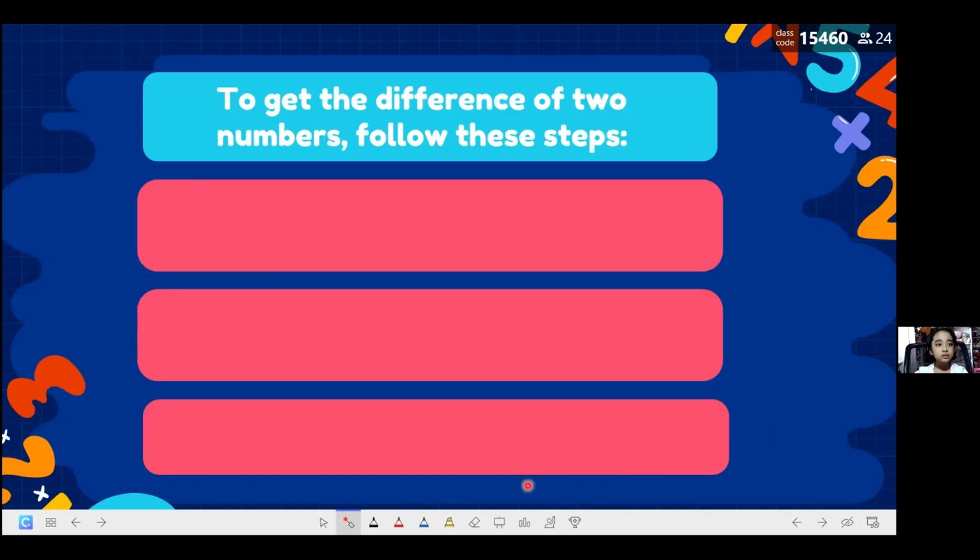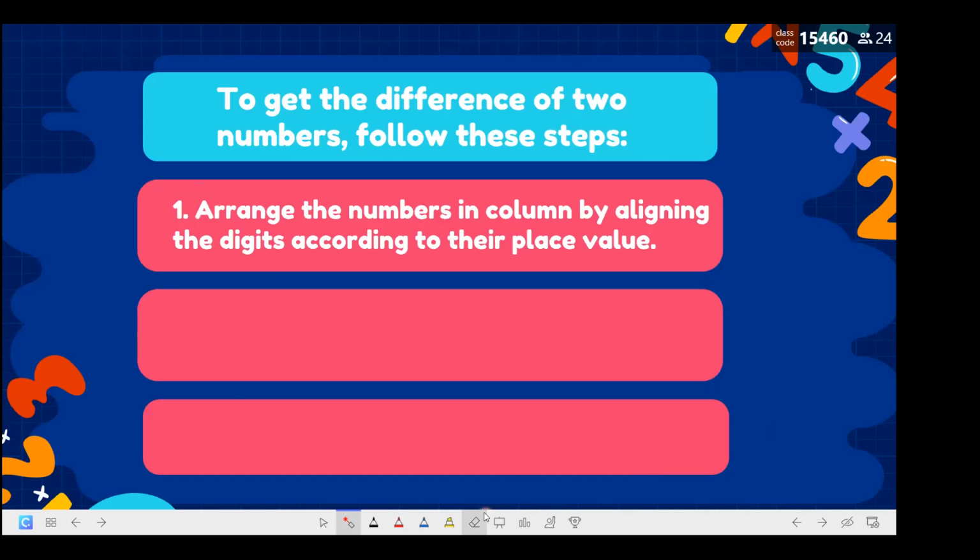So class, you need to remember that to get the difference of two numbers, we must follow these steps. Number 1, arrange the numbers in column by aligning the digits according to their place value: ones, tens, hundreds, thousands, ten thousands, and so on.